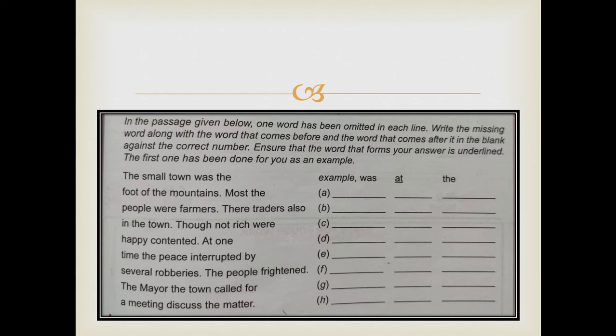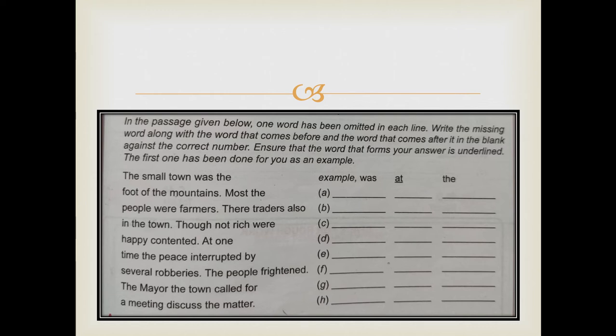So the word supplied here is they, and that will come after rich and before were. So in the first blank the word will be rich, in the second blank the word we have supplied, that is they, and in the third blank were, and we are underlining they.